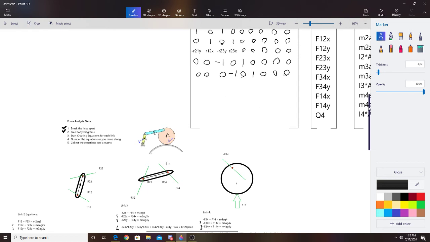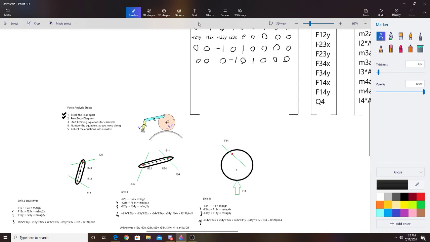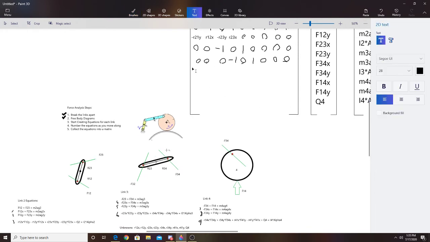All right, and then we move on to, once again, the hardest part, which is the moment equation, because there's a kind of a lot going on there. So let me do this. In the first one, for the moment equation, do we have an F23x? The answer is yes. F23x has a positive R23y, so R23y. And if you know that this is the pattern, you can pretty much just go to the next step.